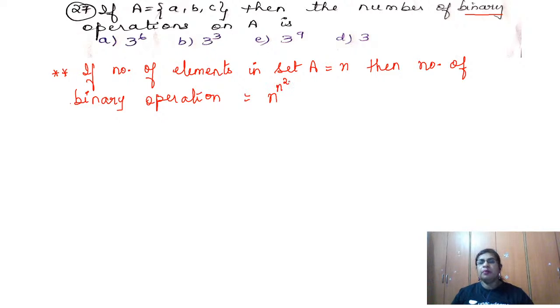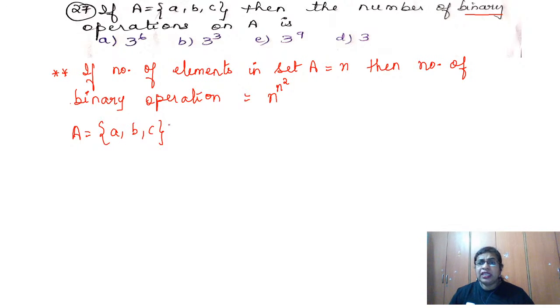Understand this, it will become n to the power n square. Now come to the question. In this question, A is equal to {A, B, C}. So how many element set is this? 3-element set. Okay. So yes, very good.